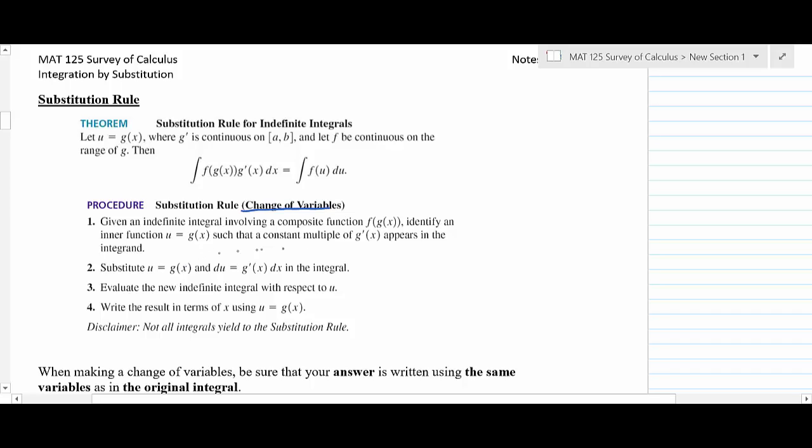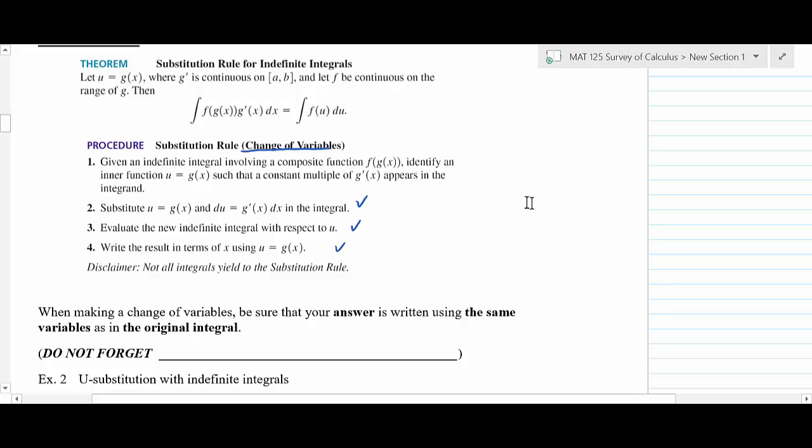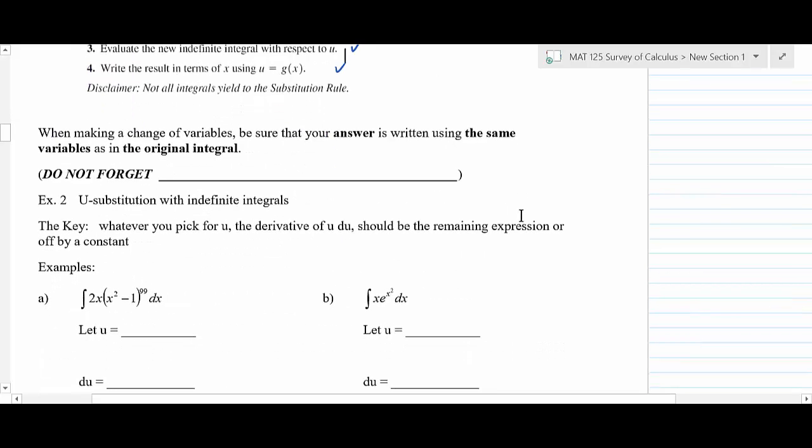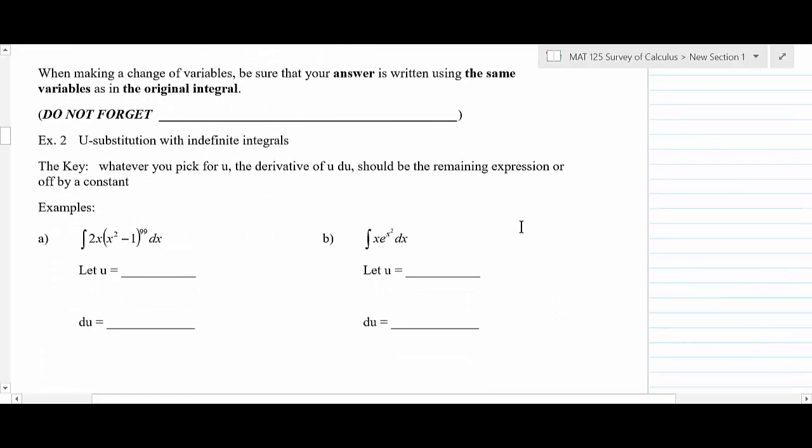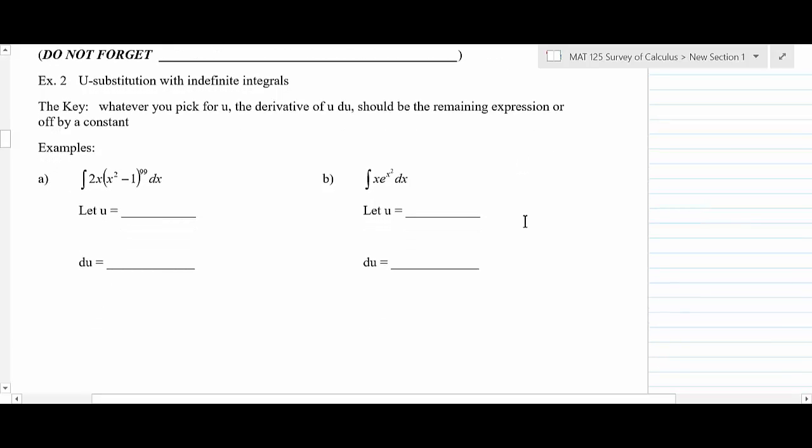I'm just giving this to take you through the steps you're going to do. But I'm not going to read that off because it ain't going to make any sense anyway, okay? You got to see examples before that makes any sense. So here's the idea. Remember, you have a limited amount of things you can do with an integral. You got basic antiderivatives and you got the power rule.